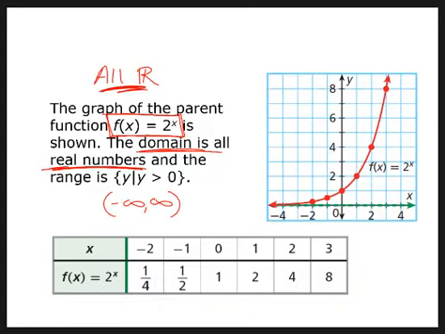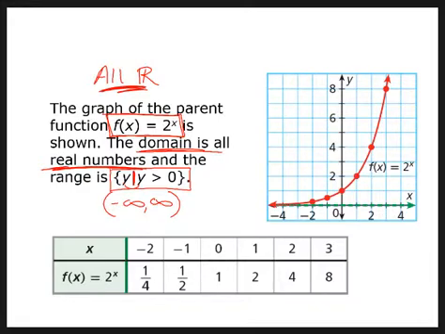Now the range, you'll see it written like this up here. What this is saying is y, this line in the middle basically just means such that. So y such that y is greater than 0, meaning that y has to be some number that is greater than 0. What you'll notice about the graph on the right is the y values that show up on the graph are always going to be greater than 0.